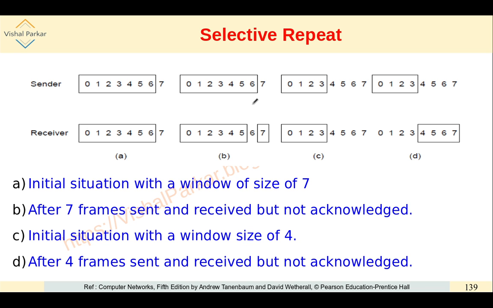In short, the problem here is that the size of the sliding window was not chosen properly. When it was advanced, it happened to collide with the same sequence numbers which were in the previous sliding window.